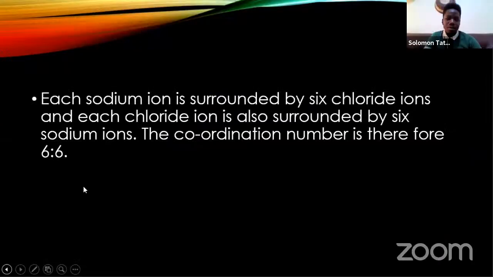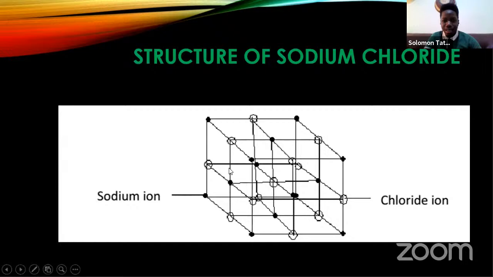Okay, let's look at this one, which is not in a 3D shape. It is very, very hard to see here, but here is the deal. You see the sodium ion is surrounded by this chloride ion.